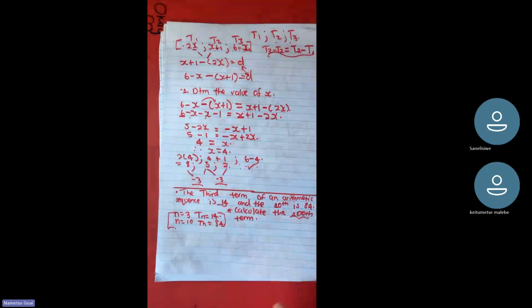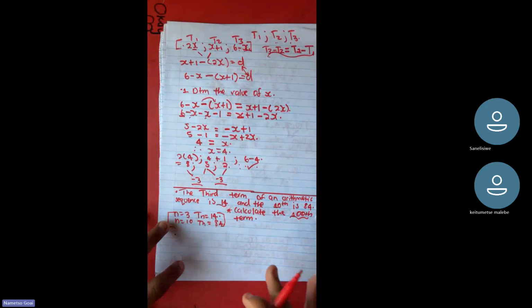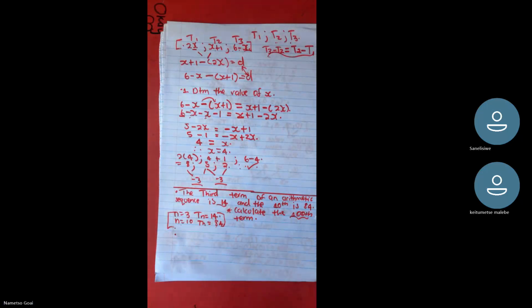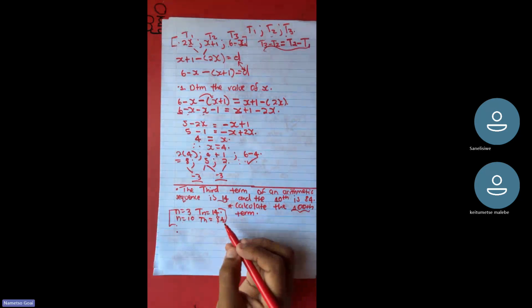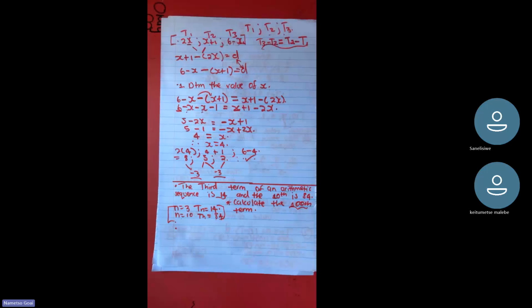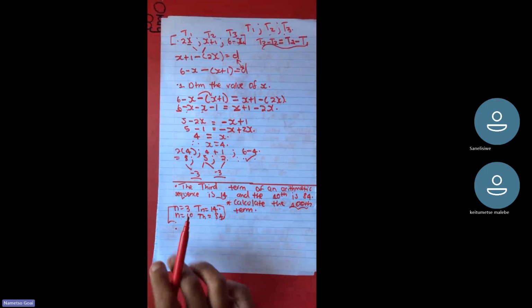So, okay, fine. This is basically now solving an arithmetic sequence. Let's just do it before I start giving names to stuff that don't have names. Fine. The third term is this and this.